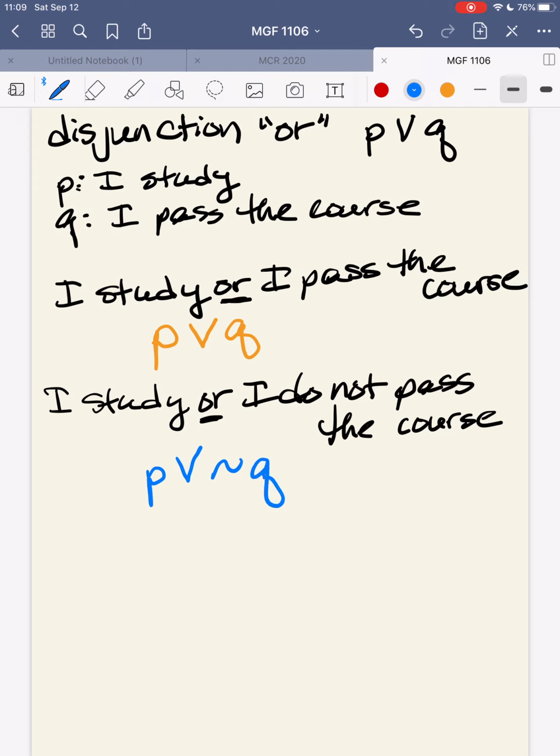Okay, and I'm going to say it's very important to know the difference of conjunction and disjunction as we go into 3.3 when we start our truth tables. All right, so although this may be fairly simple to go ahead and start off with, make sure that you truly understand what each of these symbols do, especially as we go into 3.3.